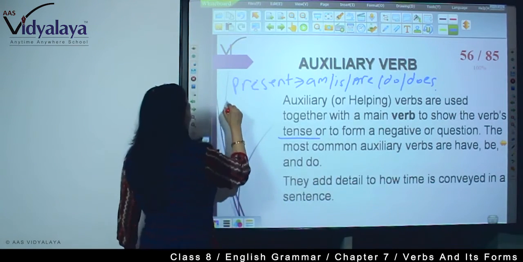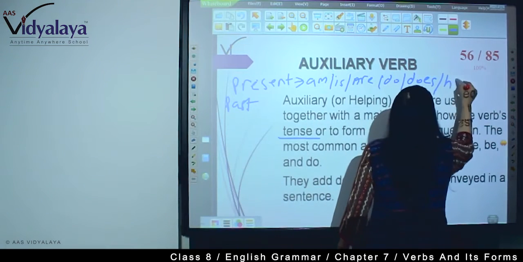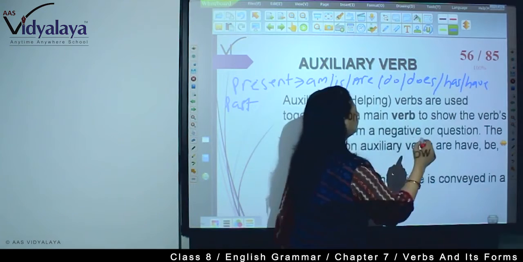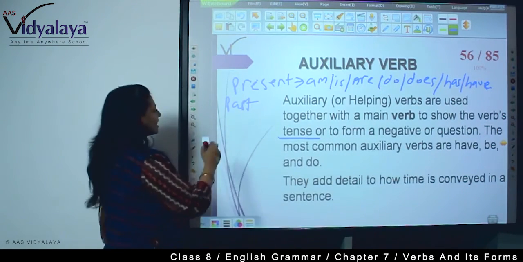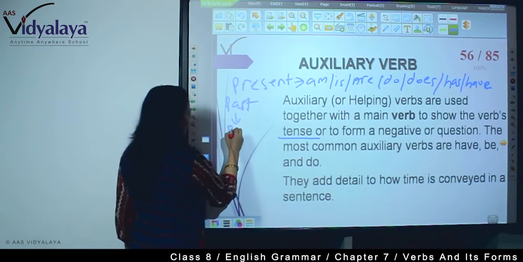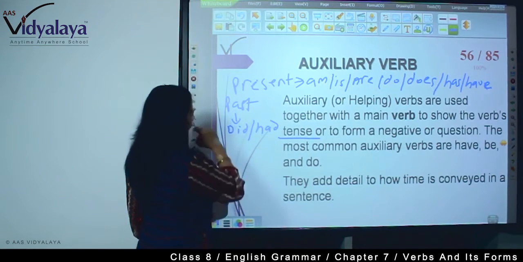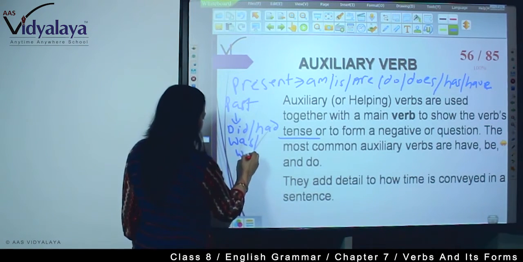If it is past, now has, have is also here. Has, have, right? And when it is past, then did and had, right? And was, were.